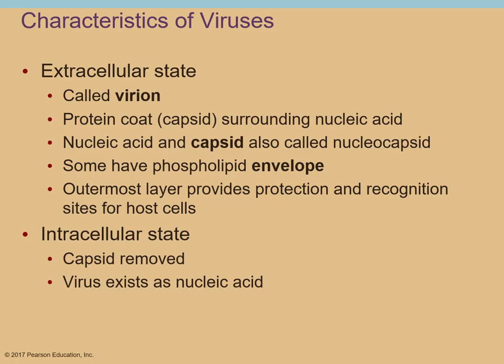That outermost layer helps provide another layer of protection, and it's also a recognition site for a lot of the host cells. In the intracellular state, that capsid is removed, and the virus is simply the nucleic acid.